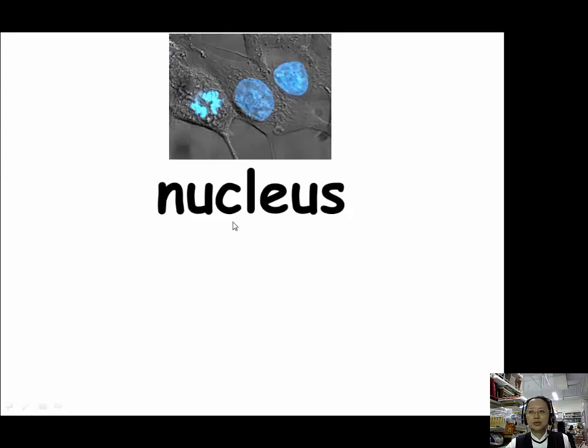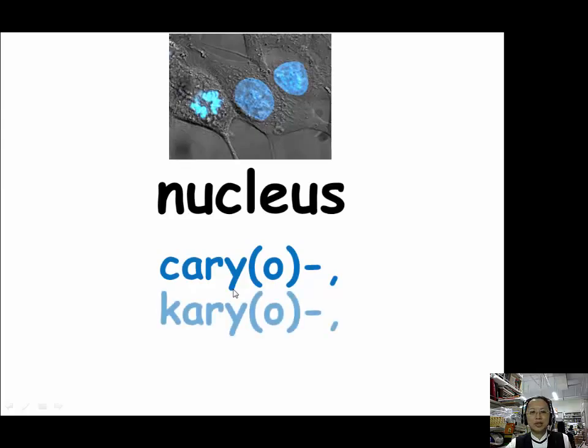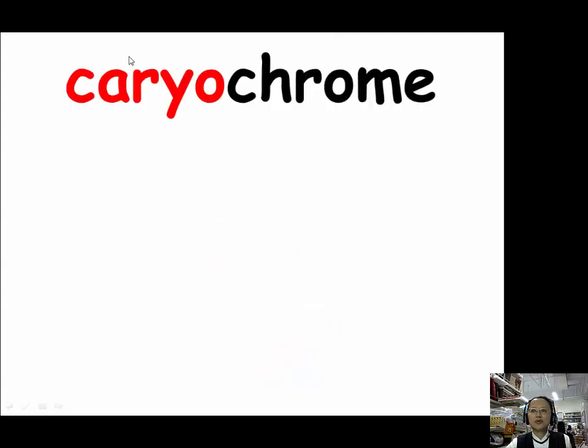When we want to describe things that are shaped like a nucleus, we use three prefixes: caryo, C-A-R-Y-O, and karyo, K-A-R-Y-O, and nucleo, N-U-C-L-E-O. Our example for caryo is karyochrome.